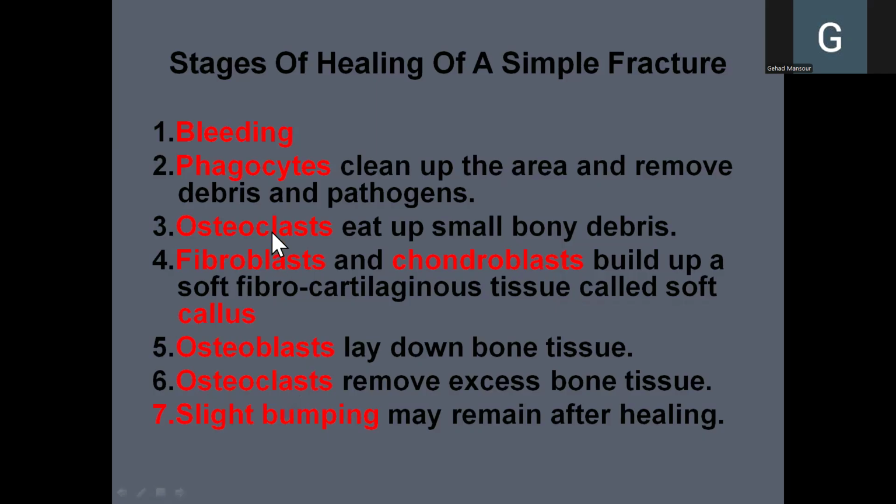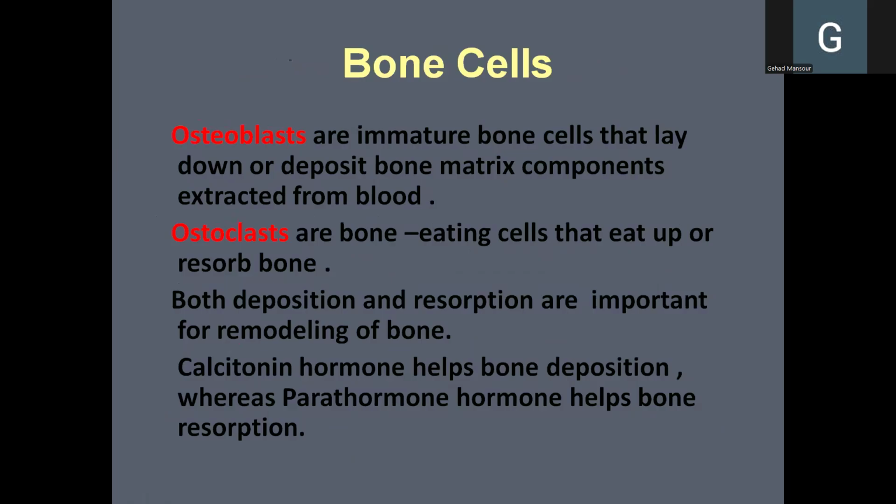They played a role at the beginning in removing bony debris, and they play a role at the end in removing the excess bony tissue. However, some bumping may remain because part of the external callus couldn't be removed completely by the osteoclasts.